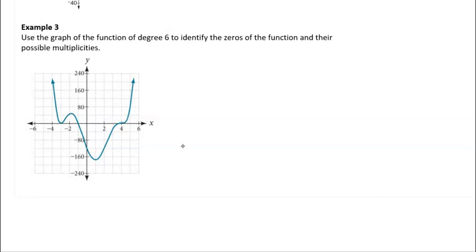So I'm noticing I have a 0 at x equals -3. I have a 0 at x equals -1. And I have a 0 at x equals 4.